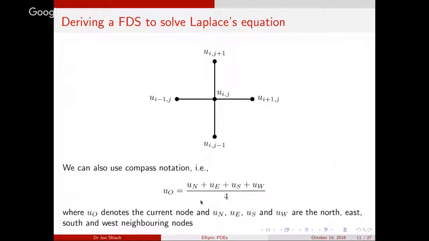That's the node you're solving for, and it requires the values from those nodes there. It's very common to use compass notation: O means the one in the middle, then north, east, south, west, add them all up, divide by 4. That is only when delta x and delta y are the same. If they're different, you can't make that simplification.